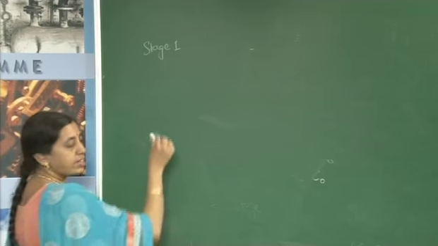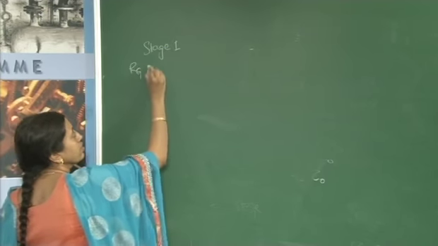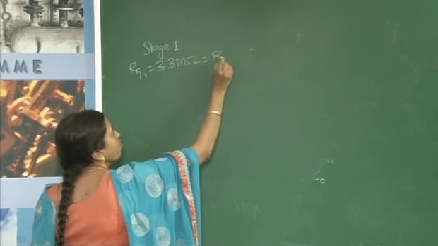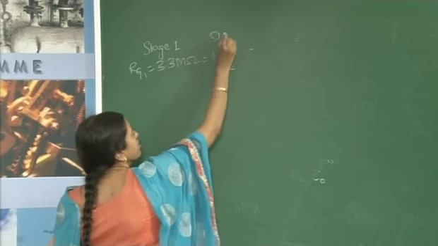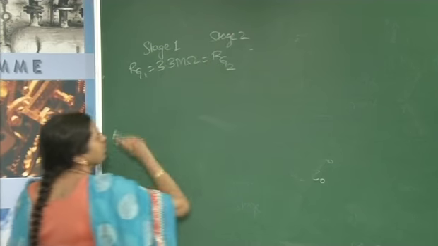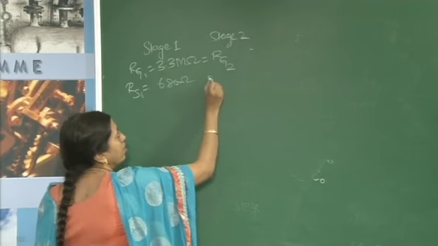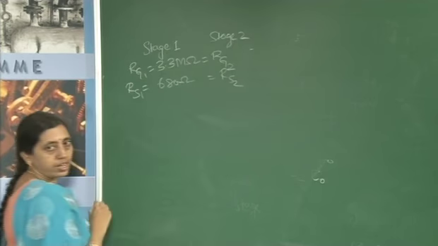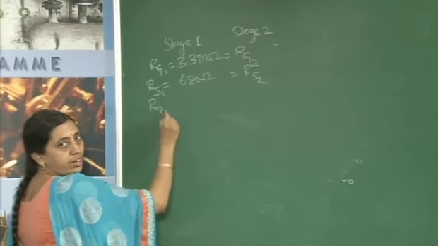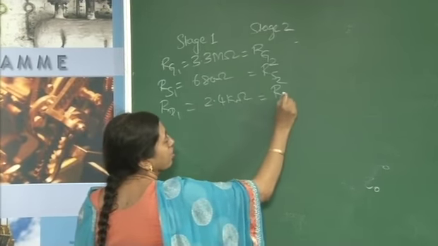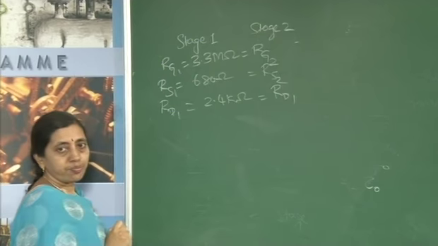Stage 1 has Rg1 equal to 3.3 mega ohms. The same is the value of Rg2, that is stage 2. Now, Rs1 is 680 ohms, Rs2 is also 680 ohms, Rd1 is 2.4 kilo ohms, and Rd2 is also 2.4 kilo ohms.